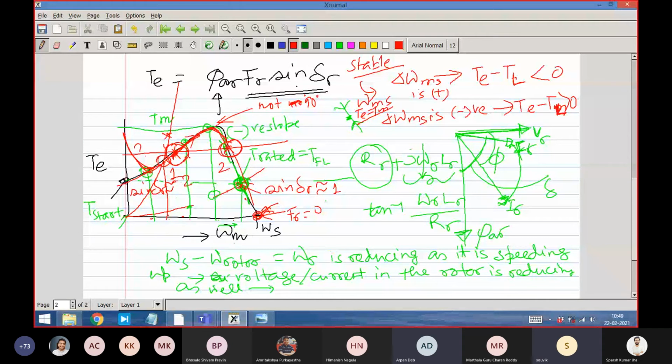In the second point, if we increase omega, then load torque will increase. Why will load torque increase? Load torque is a straight line. Okay, then if we increase the omega, okay, sir, understood.